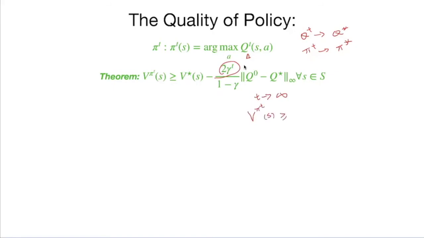that is at least v star at every state s. Then this must mean that pi t is an optimal policy, because by definition, pi star is the policy that dominates everywhere.